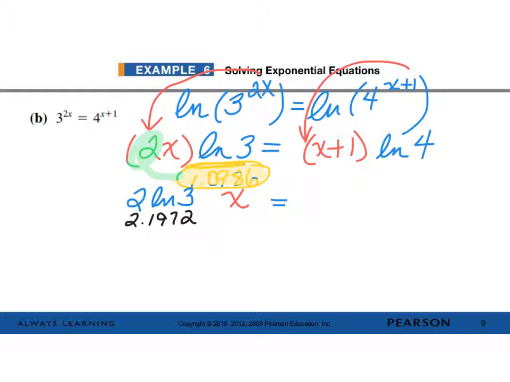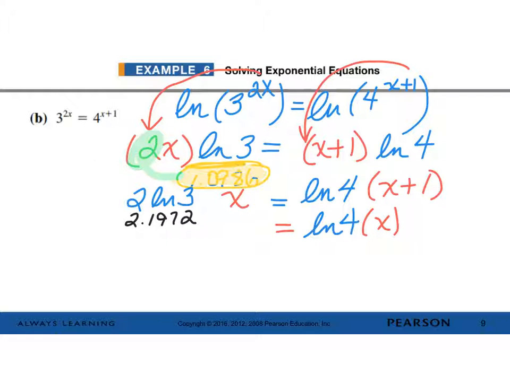essentially what we're going to do is we're going to take the natural log of 4 and we're going to multiply it times x plus 1 using the distributive property, which means that what we're going to get is the natural log of 4 times x and then we're going to add that to the natural log of 4 times 1.